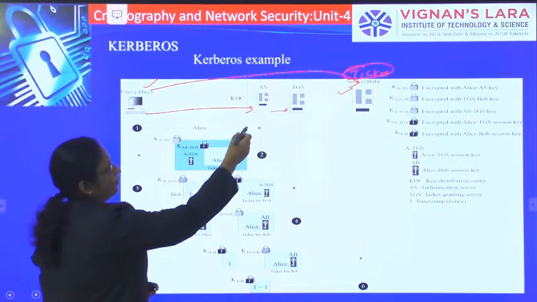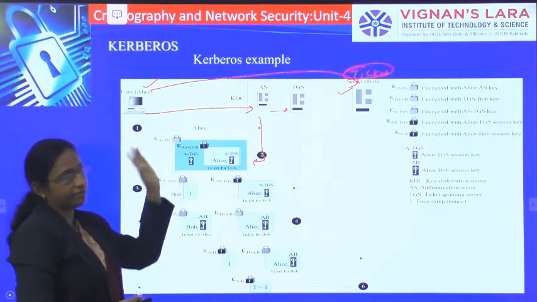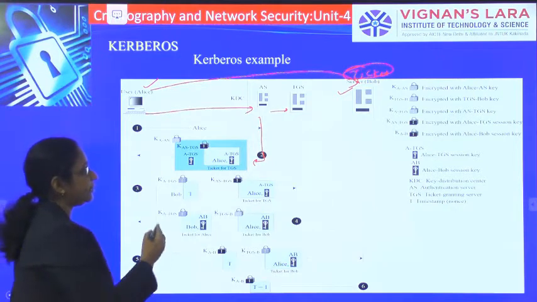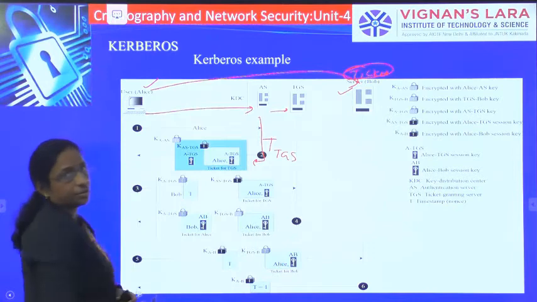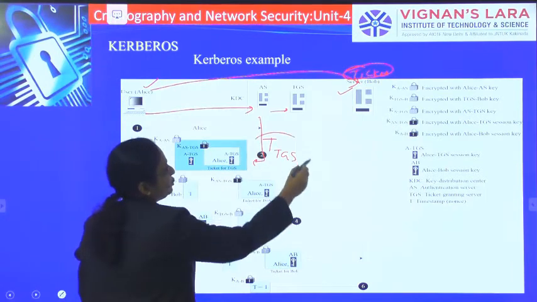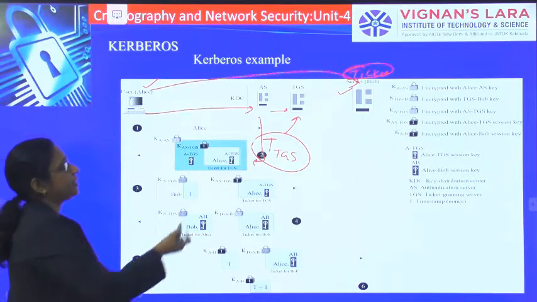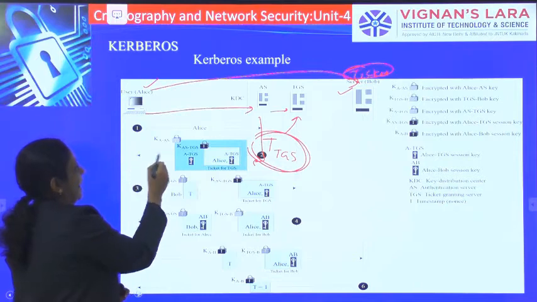The authentication server will check whether Alice is a valid person. If she is valid, it provides a ticket for the ticket granting server. This ticket is useful to access the ticket granting server.